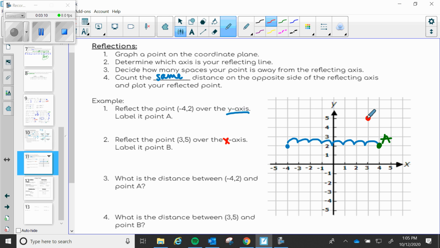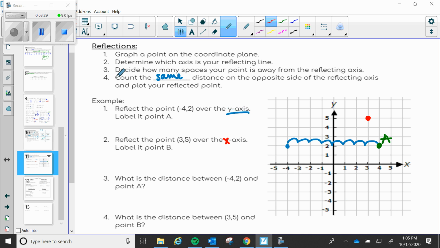That is how we plot our points on the coordinate plane. So now we have to figure out which axis that we are reflecting over. And I just told you we're reflecting over the x-axis, so we're trying to jump over this axis right here. We're jumping over this axis to get down here somewhere.